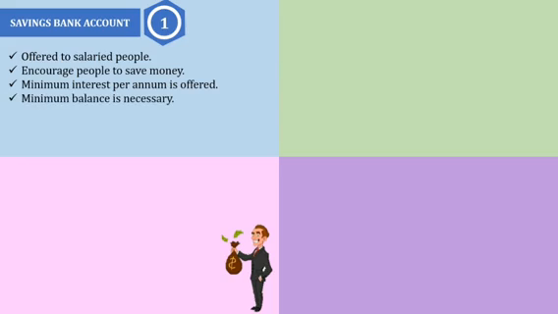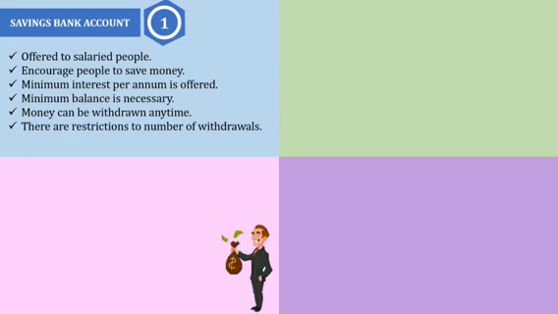However, a minimum balance is necessary to be maintained in the account. This is a demand deposit, as the money can be withdrawn whenever the account holder needs it. However, there are restrictions to the number of withdrawals.